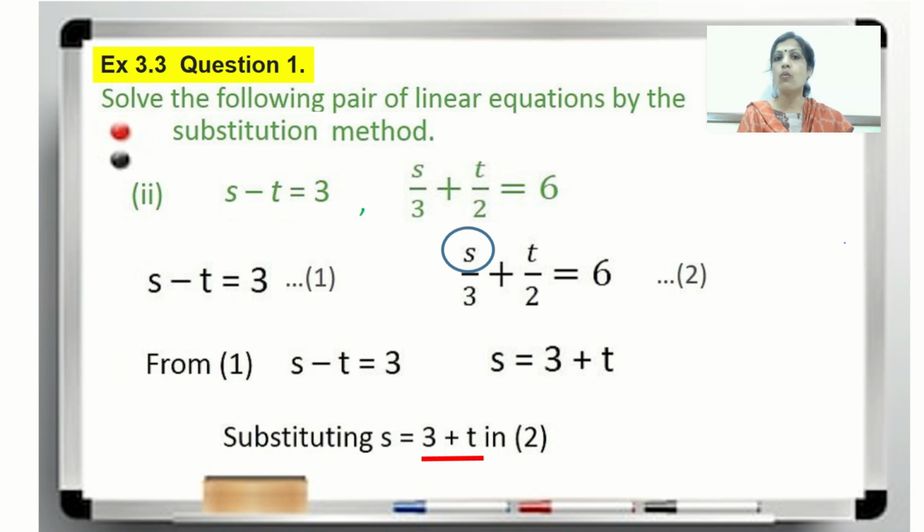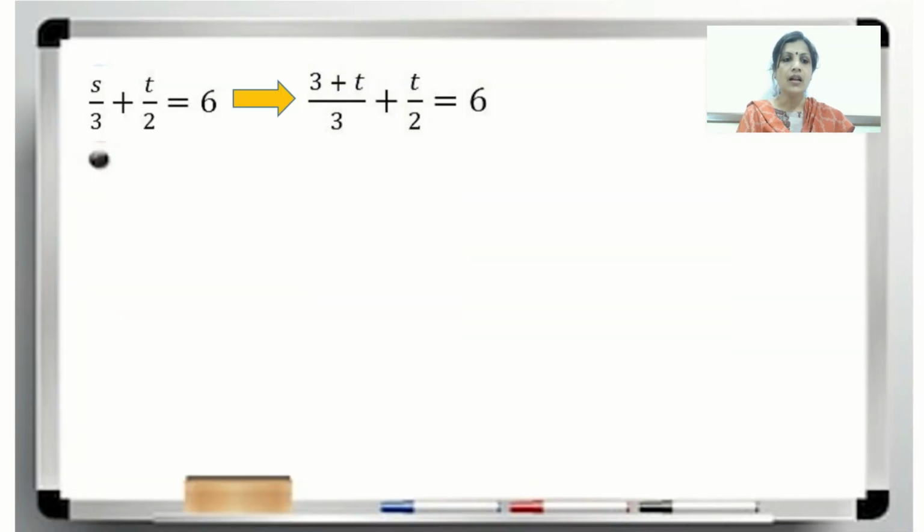Equation 2 is s upon 3 plus t upon 2 is equal to 6. In this equation, we are substituting the value of s as 3 plus t. So the equation will become (3 plus t) upon 3 plus t upon 2 is equal to 6. Now this new equation we have to solve.